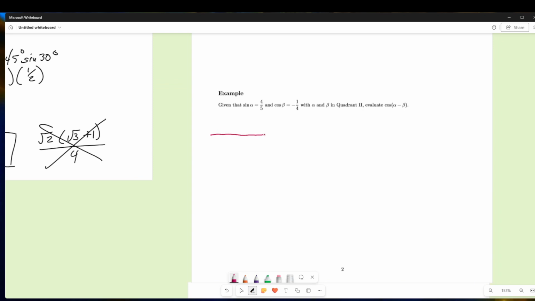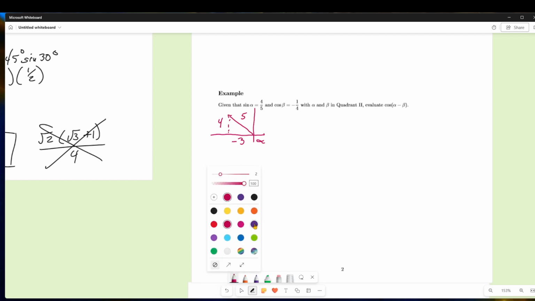For alpha, we're somewhere in quadrant 2, such that this length is 4 and this length is 5, because we are y over r. So a little Pythagorean theorem will tell you that this side has to be negative 3. So we've got to go figure that out before we do much else.